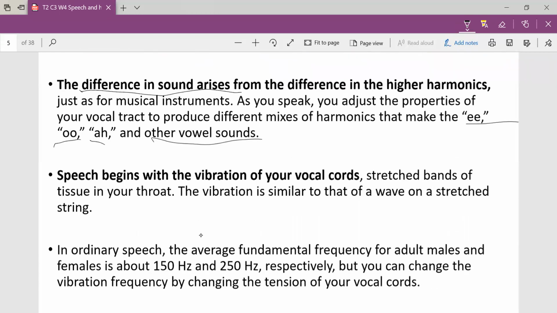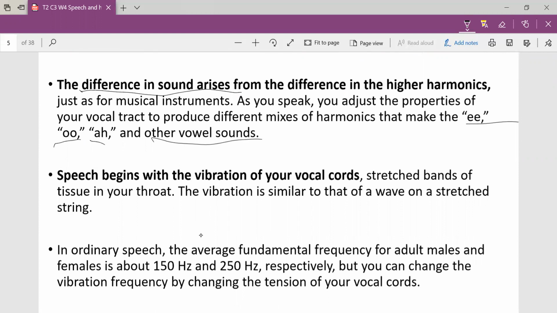So to really produce sound, what we actually do is begin with the vibration of our vocal cord. We produce sound by stretching the tissue around our throat so that the vibration is similar to the wave on a string.